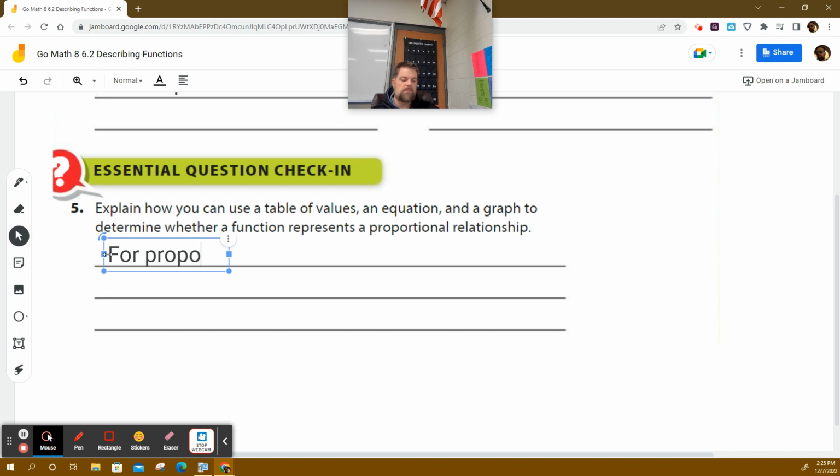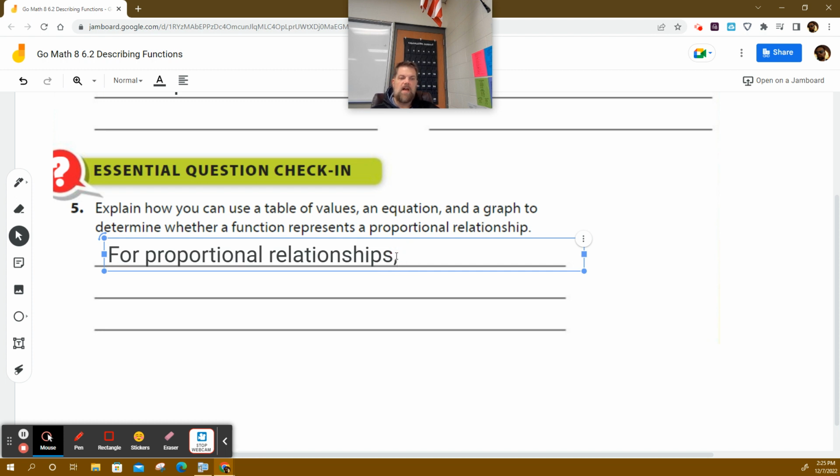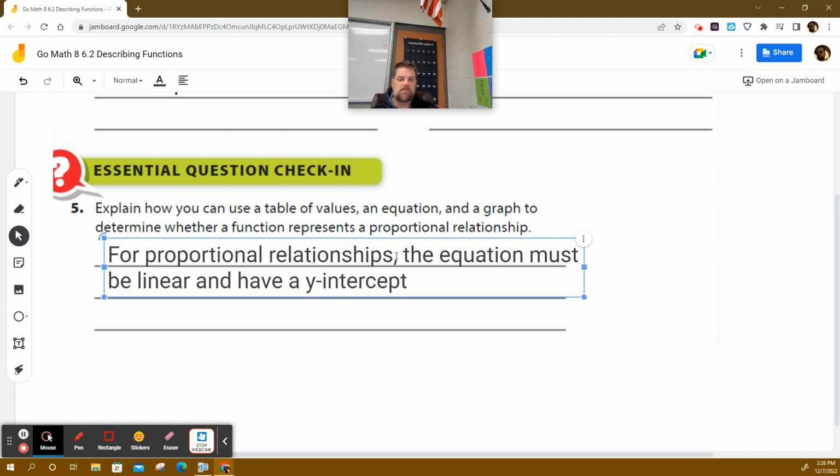For proportional relationships, the equation must be linear and have a y-intercept of what? 0.